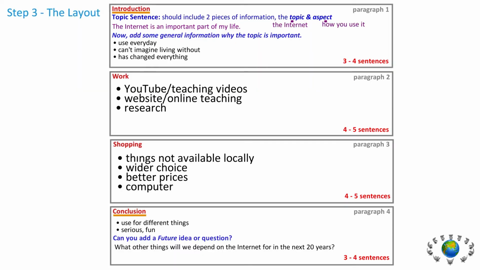So, if you remember in the 1st paragraph, I want to write about how the internet is only perhaps 20 years old, but it has made great changes in our life. So, in my last paragraph, if I want to include an idea about the future, I could write something like, what other things will we depend on the internet for in the next 20 years? So that is what I call a future idea, and it's a nice way to finish a writing.